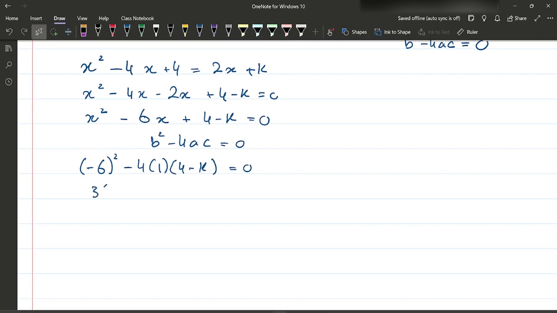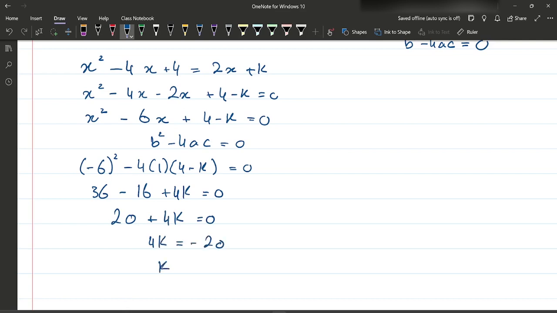So that is 36 minus 16, and then plus 4k. 36 minus 16, that is 20. So 20 plus 4k is equal to 0. So 4k is equal to minus 20, and k is equal to minus 5. Okay, so that is how you do it.